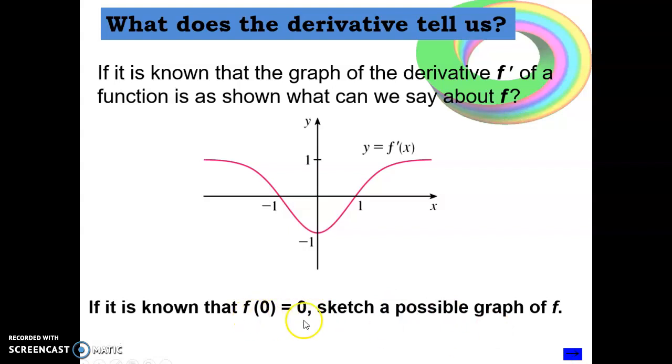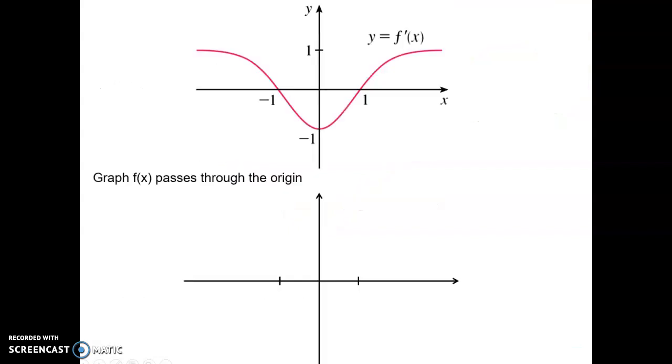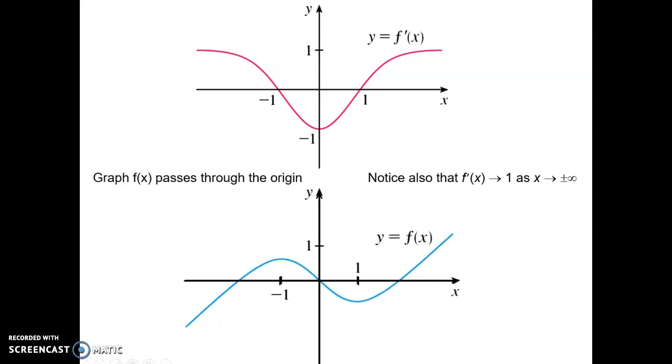Now, if I know that the original curve passes through the origin, 0, 0, we could sketch what that original curve would look like. Here's my derivative curve. My original curve has to be decreasing from negative 1 to 1, increasing from negative infinity to negative 1, and increasing again from 1 to infinity. So my curve looks something like this.